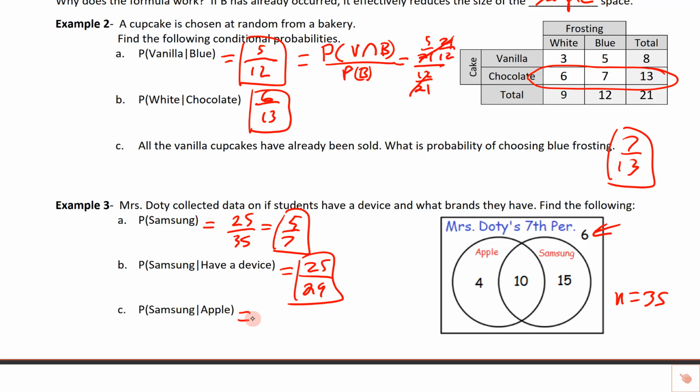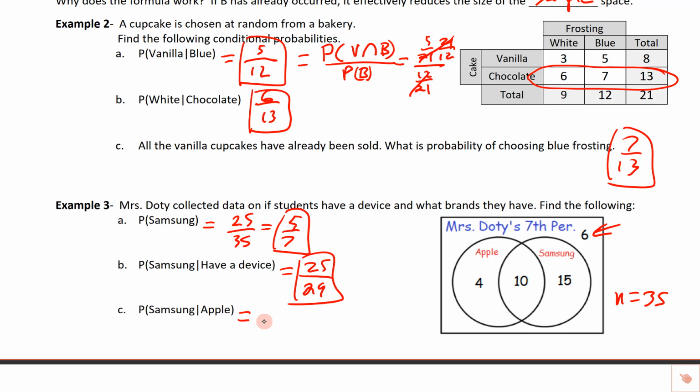Okay, don't say anything out loud. Would you find the probability of Samsung given that they have an Apple? Raise your hand if you've written it down on your paper.